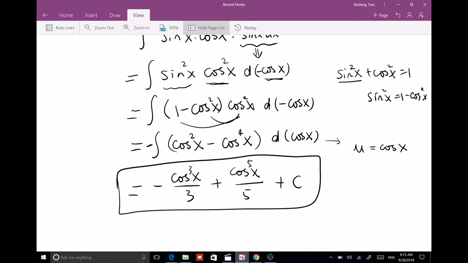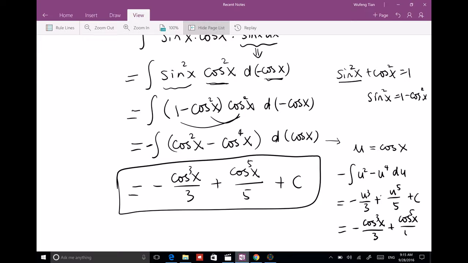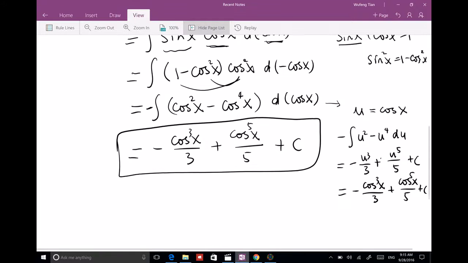U equals cosine x, and you have negative u squared minus u fourth du. Then you have negative u cubed over 3 plus u to the fifth over 5 plus c. Then you plug u back in: negative cosine x power 3 over 3 plus cosine x power 5 over 5 plus c. If you use u substitution, you get exactly the same thing.